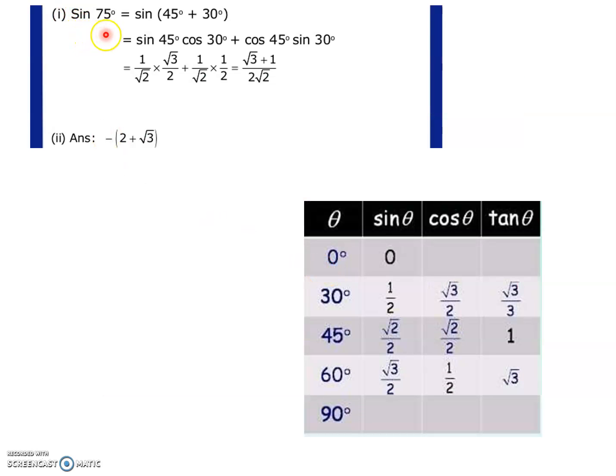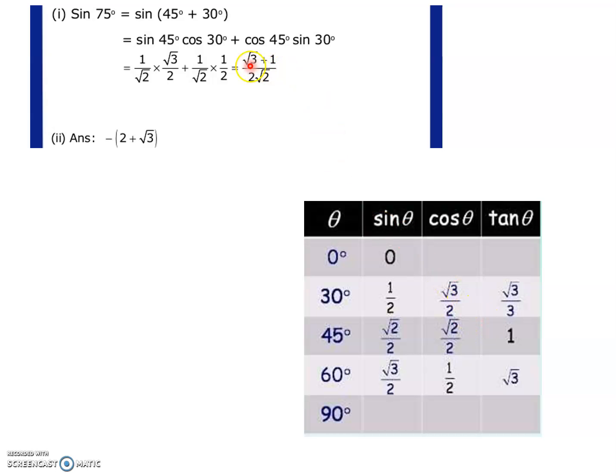Now we have to find sin 75, which is equal to sin of 45 plus 30 degrees. We use the sin of A plus B formula: sin A cos B plus cos A sin B. Now we put in the values. Sin 45 is root 2 upon 2, so by cancellation it is 1 upon root 2. Cos 30 is root 3 upon 2.